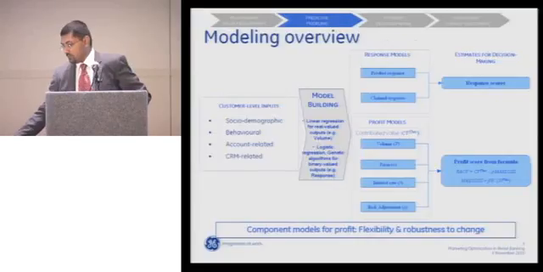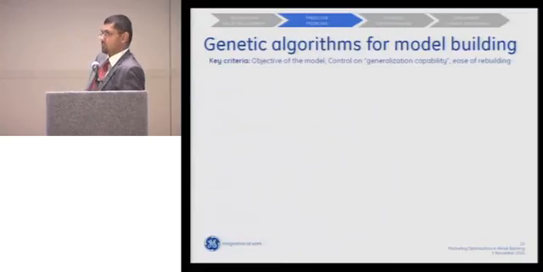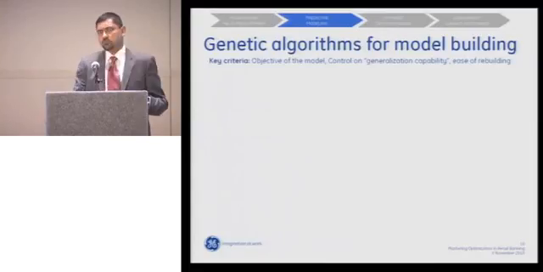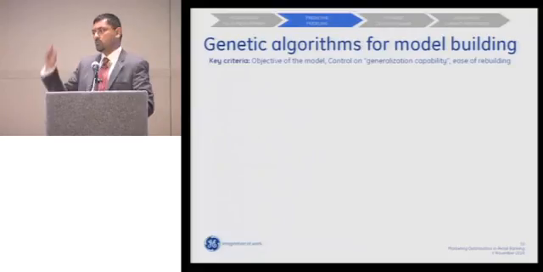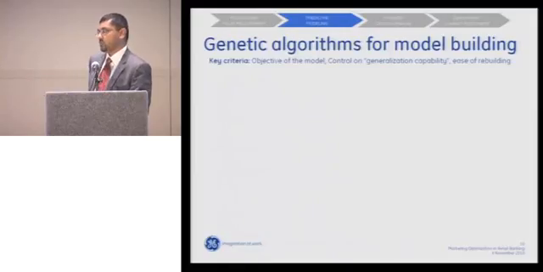For building models themselves, we tried to use genetic algorithms. Why did we do this? These are simple linear models, but why use genetic algorithms? One objective is that we wish to tie the model building very tightly to the decision making to the extent possible. Consider a situation where you just wanted to use a response-based targeting method and you had a budget to target about 20% of your customer base. A normal logistic regression model will maximize a likelihood function.